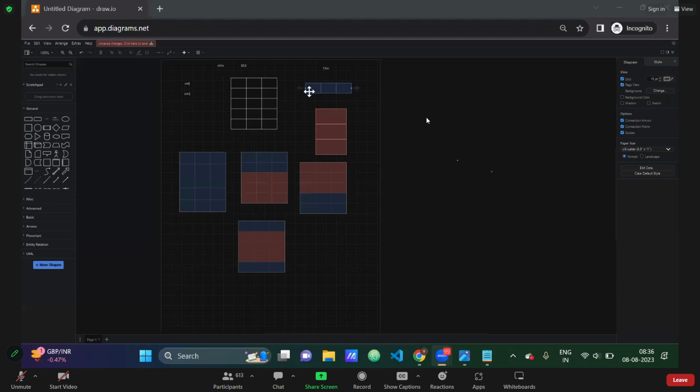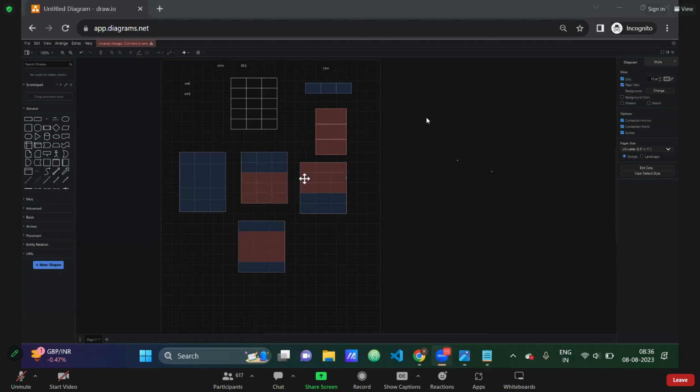Horizontally, you can place these tiles on each row, right? So this is the first possibility. What is the second possibility? Placing two tiles horizontally and placing the tiles vertically, three tiles vertically.